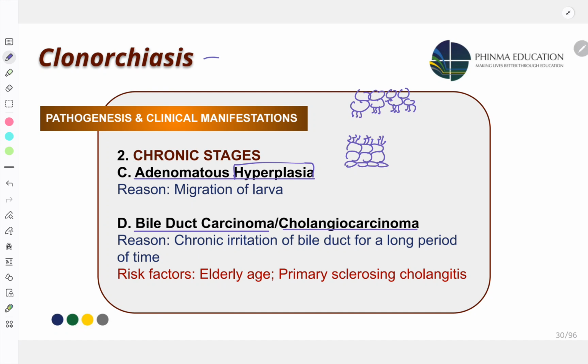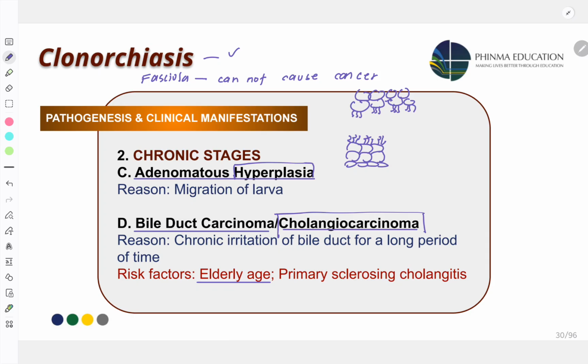So that is the more important point. Remember, Fasciola is almost the same as Clonorchis in manifestations when it comes to signs and symptoms, but Fasciola cannot cause cancer, compared to clonorchiasis, which is associated with cholangiocarcinoma. As for risk factors, the older you become, the more you are at risk for cancer, and if there is already sclerosing of your bile duct.